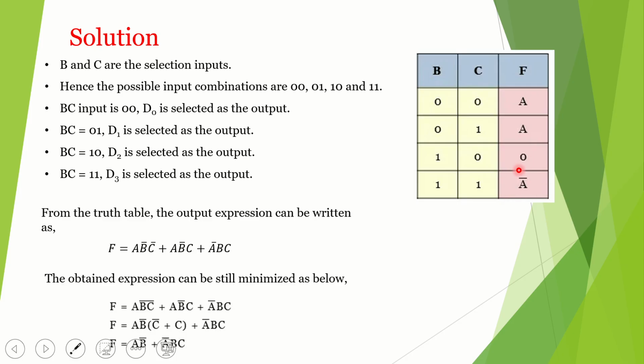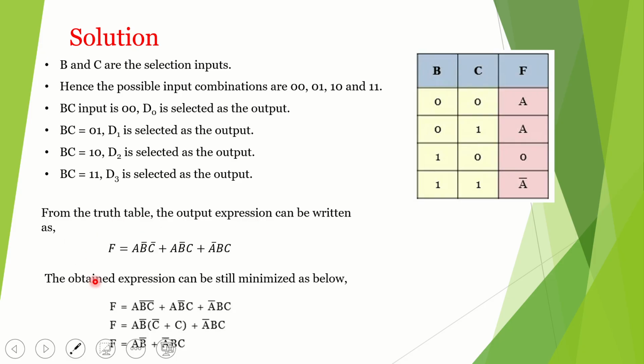Next one is A bar, and B and C both are 1. So A bar B C. The expression for all these three terms are grouped here. So F is equal to A B bar C bar plus A B bar C plus A bar B C.